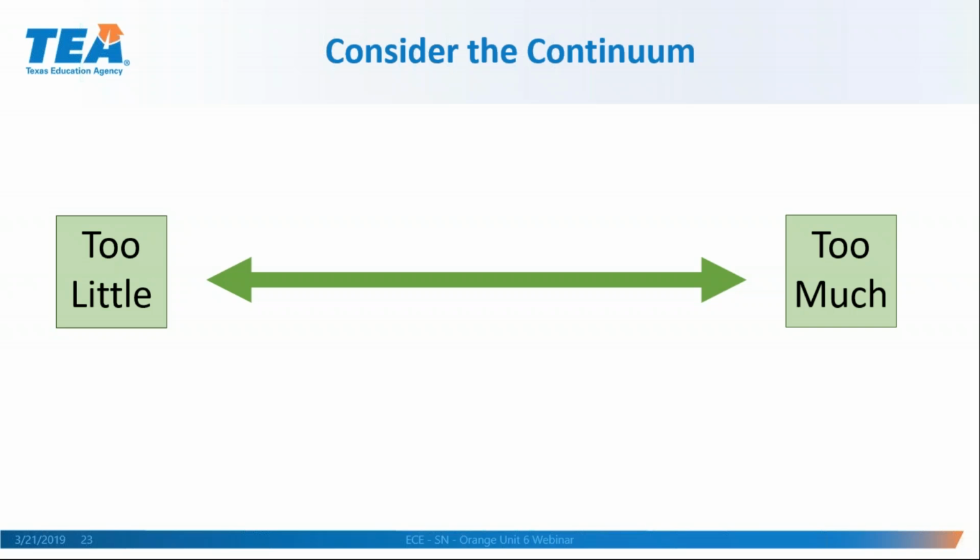So I'd like you to consider this. Which side of this continuum would you think your pre-K classrooms fall into? Is there too little up? Or is there too much? Are you doing good in this? Is this something that you think you've got nailed down pretty well?